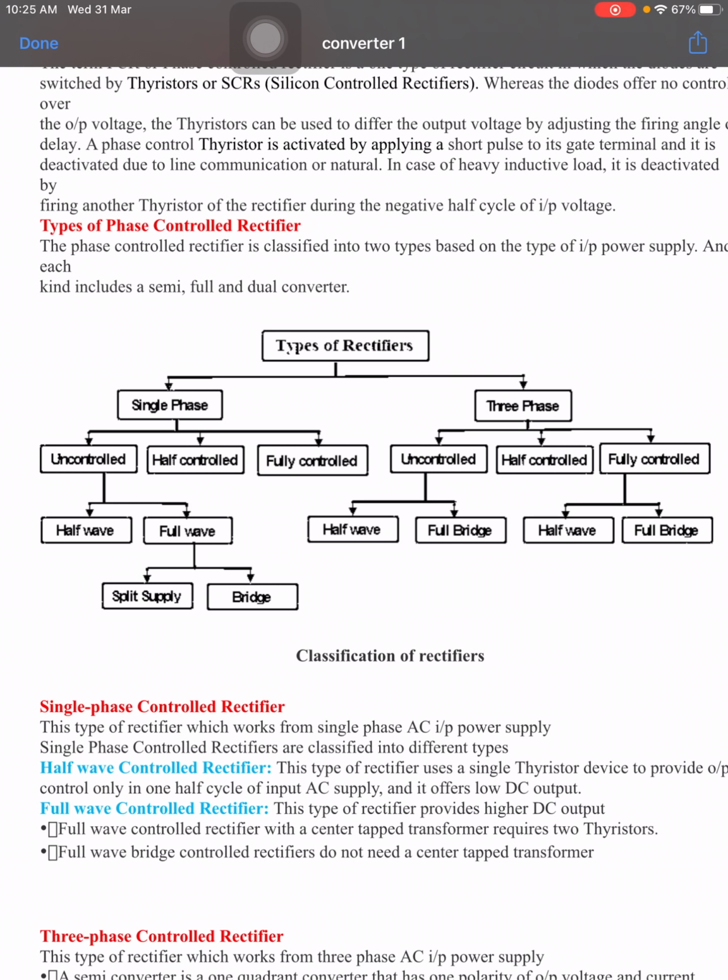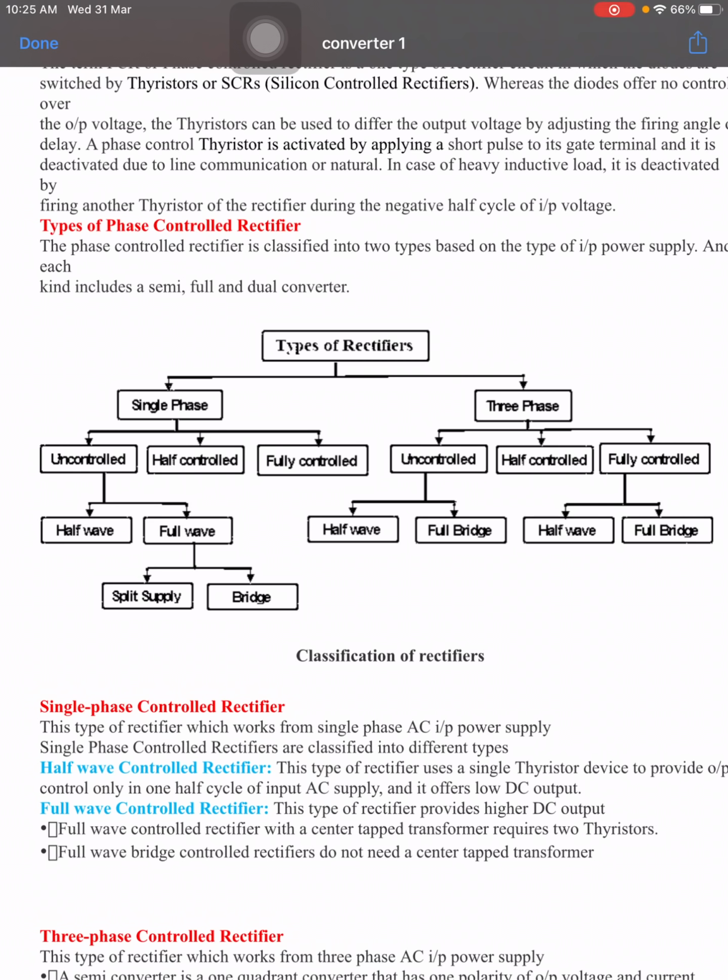In between the two thyristors we take the load, meaning half of the load thyristor is connected to the supply and the second half is also connected to the supply. Coming to the bridge connection, we use four thyristors, T1, T2, T3, T4. The anti-parallel thyristors should be in turn on condition when we apply the supply.